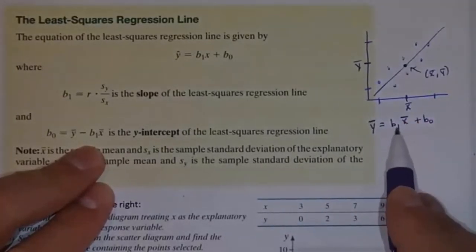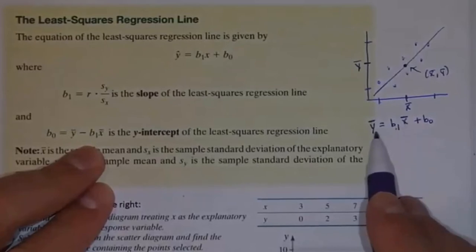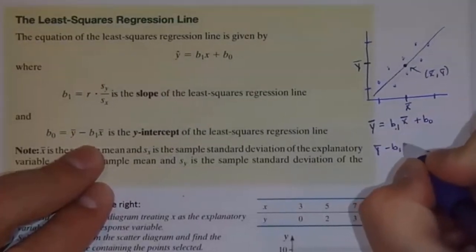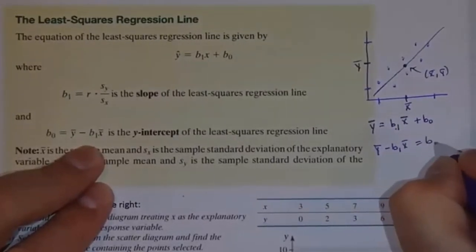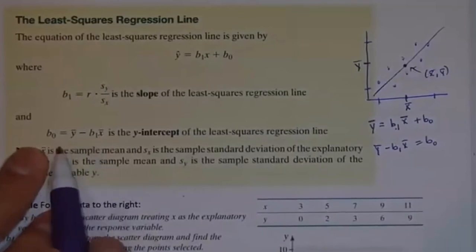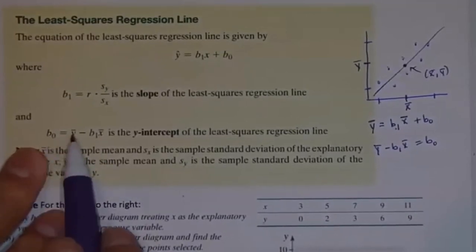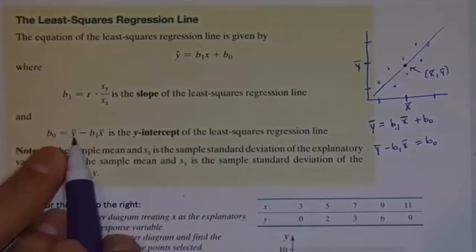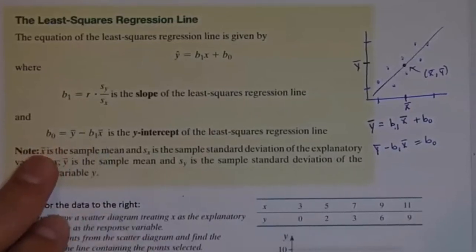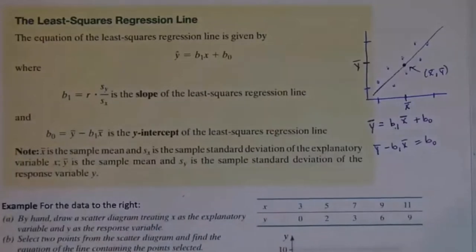So if I subtract b sub 1 times x bar from both sides, I get y bar minus b sub 1 times x bar equals b sub 0, the y-intercept. That's where this formula comes from. So the y-intercept equals the mean of the y coordinates minus the slope times the mean of the x coordinates. So that's the logic behind it.